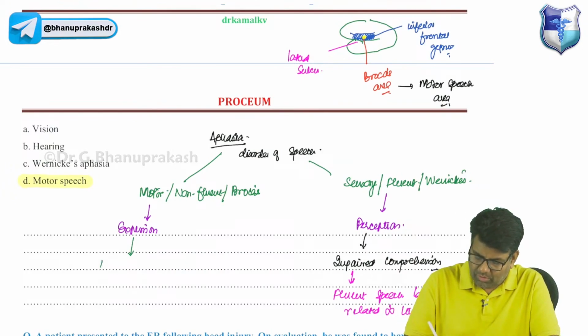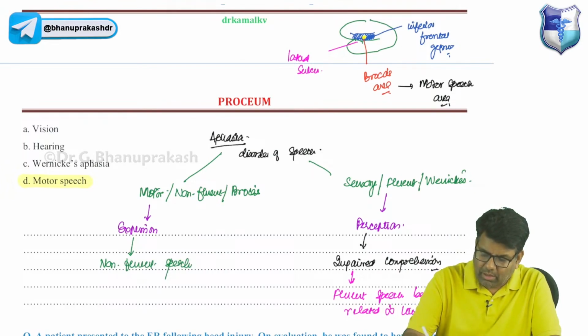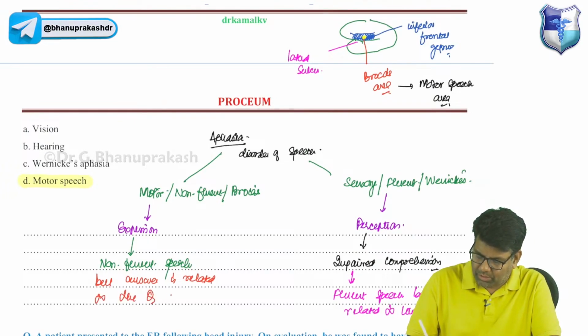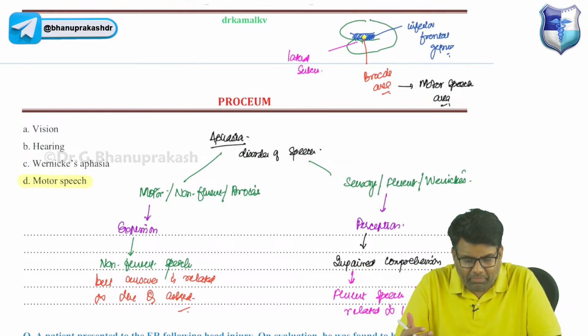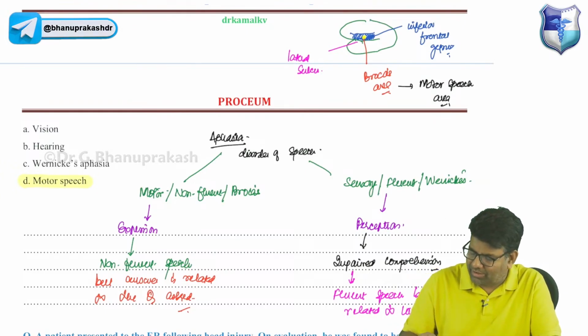So non-fluent speech, but the answer is related to the question. Clear? In Wernicke's, you can say word salad.